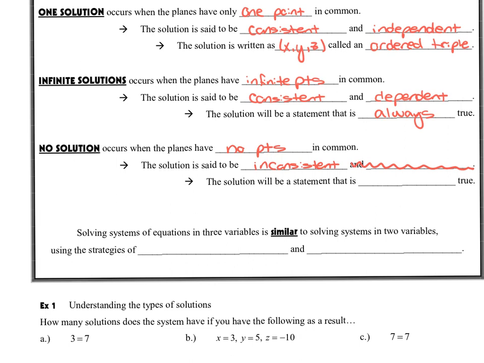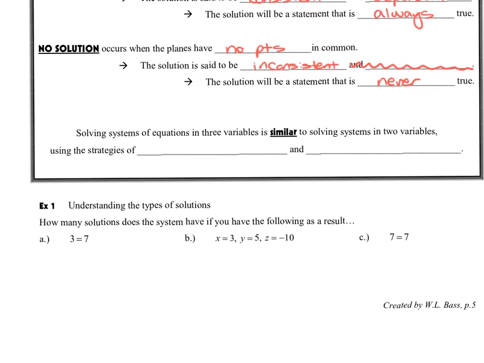Okay, our no solutions are said to be inconsistent, meaning you can't find anything. And also, all the variables will drop out once again. And when those variables drop out, you will end up with a statement that is never true. Now, as I mentioned just a moment ago, our methods for solving these equations will be the same strategies that you used in your Algebra 1 courses for systems of two variables, and you probably would have done some of this in your Algebra 2 courses, but those strategies would be substitution and elimination.